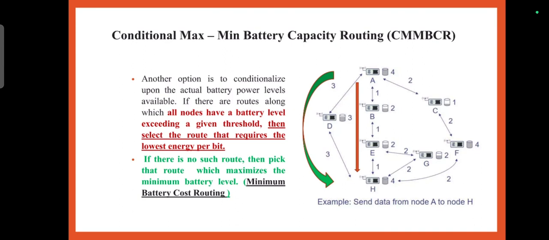The next algorithm is conditional max to minimum battery capacity routing. In this algorithm, we see a combination of the minimize energy per packet algorithm and minimum battery cost routing. These two algorithms are implemented in this algorithm.